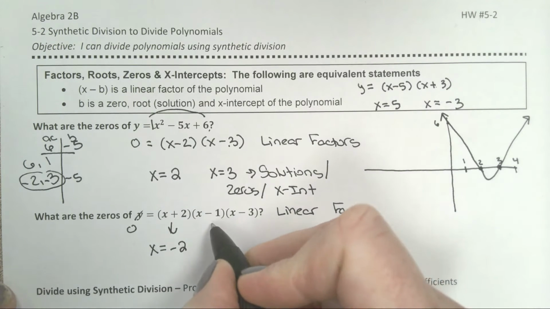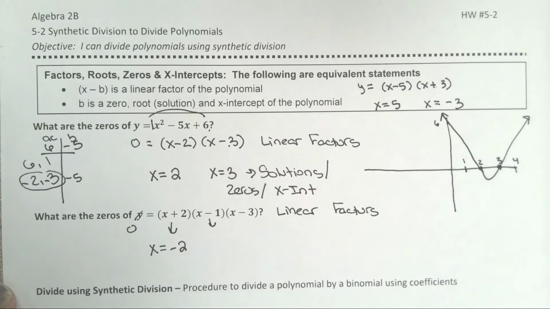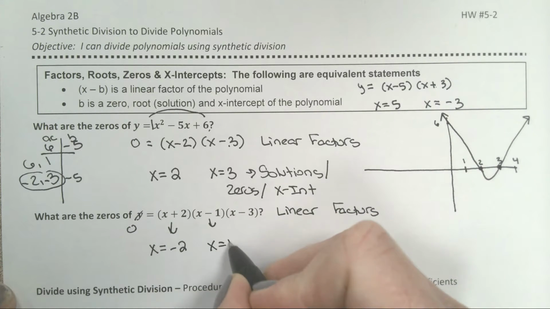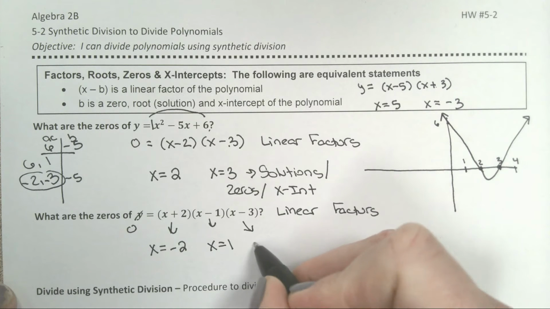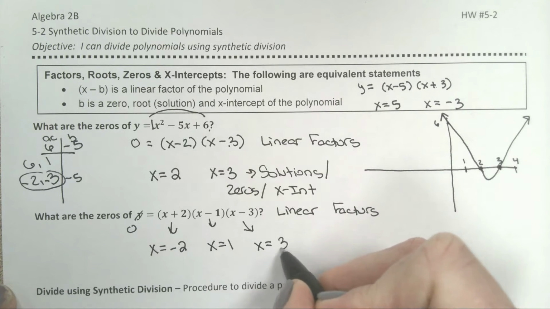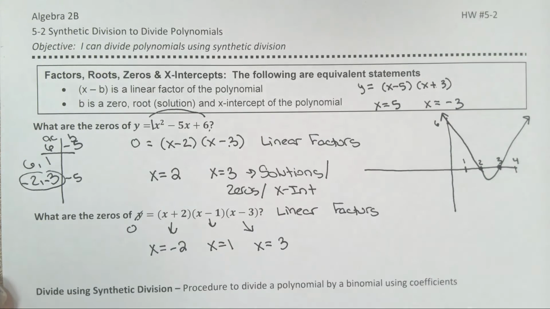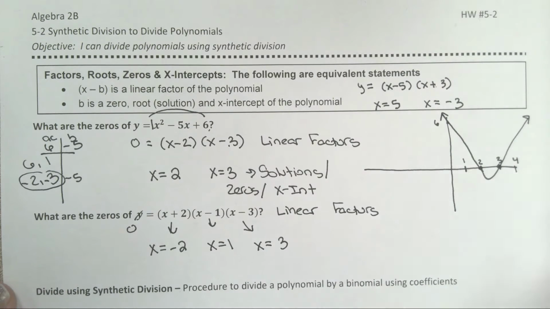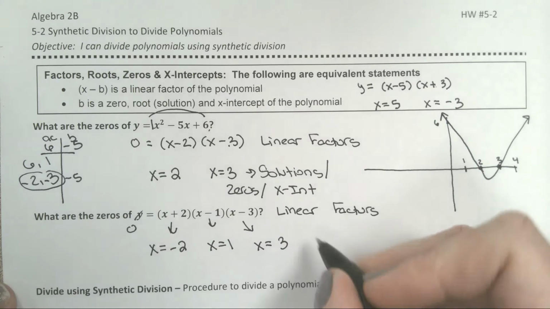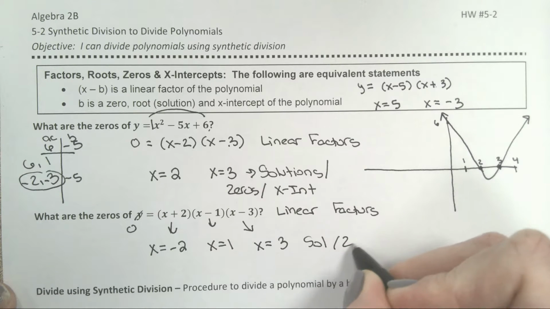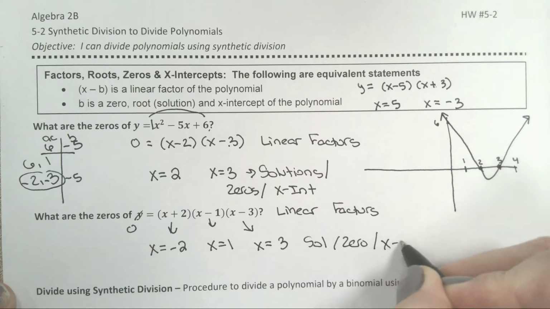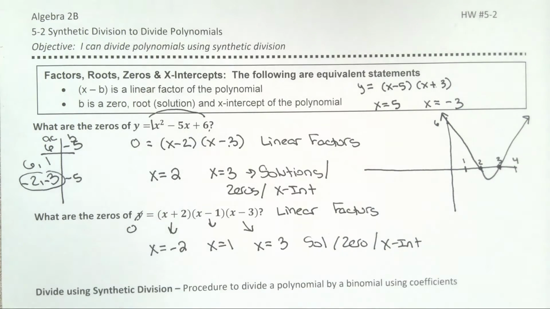If my factor is x minus 1, that means my solution is positive 1. And if my factor is x minus 3, then that equals 3. And that means that these are my solutions, zeros, x-intercepts.